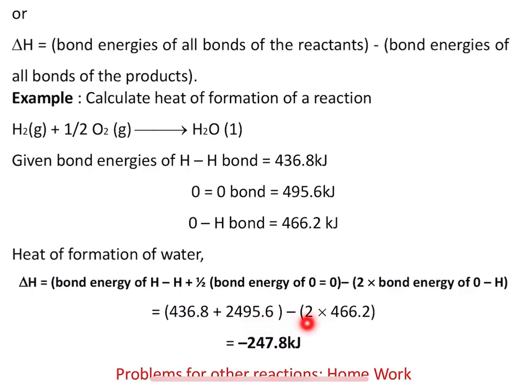Substitute these values, and the bond energy of oxygen and hydrogen is this much. By substituting these values, I am going to get minus 247.8 kilojoules. So here they have made a mistake. This is not 2495.6, so please make the corrections.